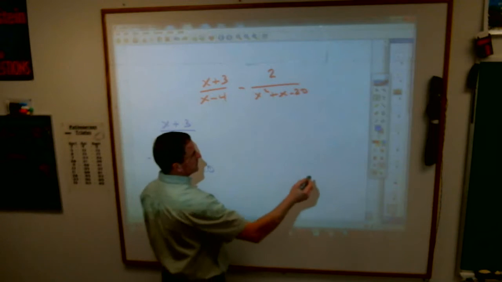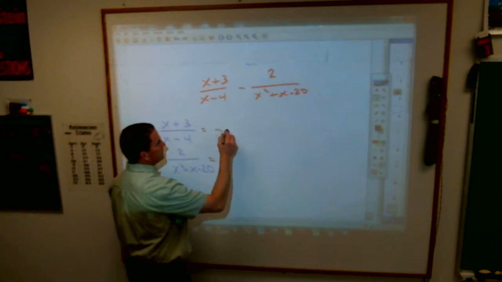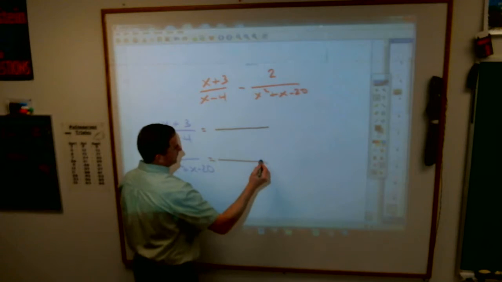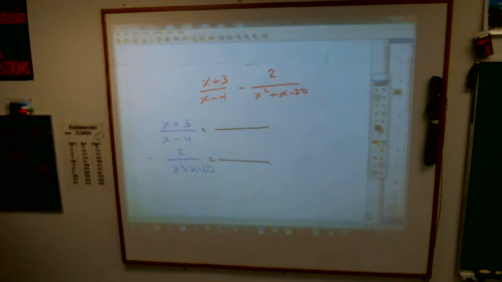Now here's where things get a little dicey here. What is my least common multiple or common denominator? Any ideas, strategies, thoughts? Now, let me just throw this at you.